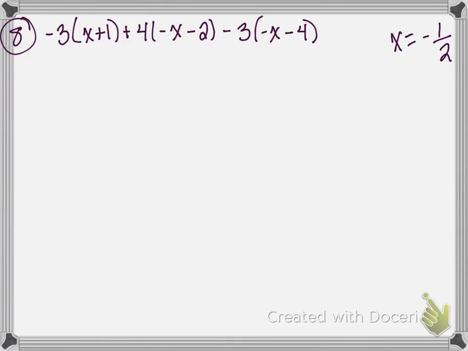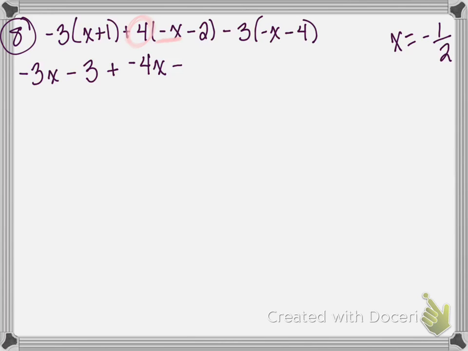Okay, so I'm going to distribute my negative 3. So I have negative 3x minus 3. That negative is going to both. Then I have plus negative 4x. So I have taken a 4 and I have multiplied it times a negative x. That gives me minus 4x. Then I have positive 4 times negative 2.